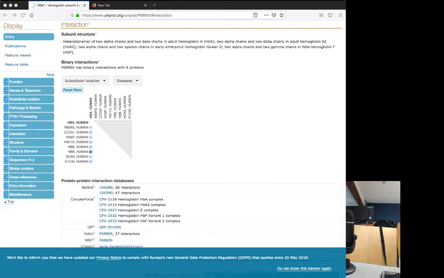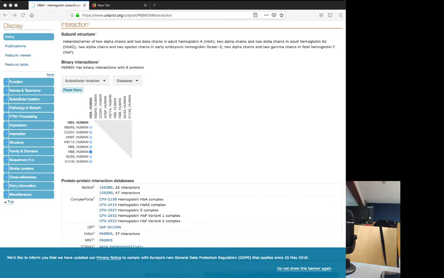So the most important interaction is with beta hemoglobin. But it's known to interact with all of these other proteins. Of course, this is more complex to follow, right? And you have to find out what these other proteins are to make a little bit more sense of it.